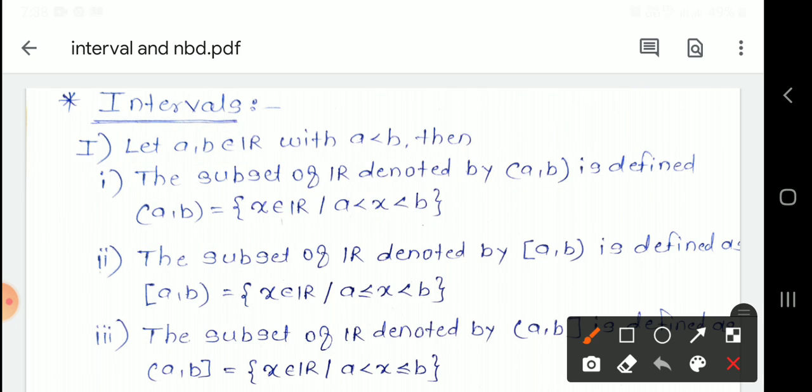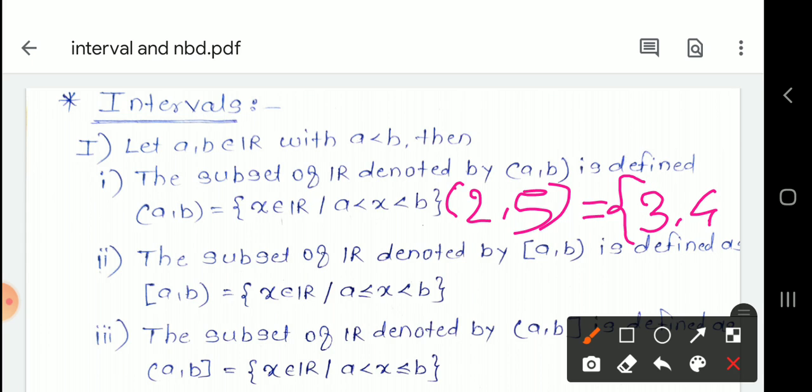For example, suppose we consider the open interval (2, 5). Then the open interval (2, 5) contains the elements between 2 and 5, which are greater than A and less than B. That means the elements which are greater than 2 and less than 5. So greater than 2 is 3 and 4, and 4 is less than 5.